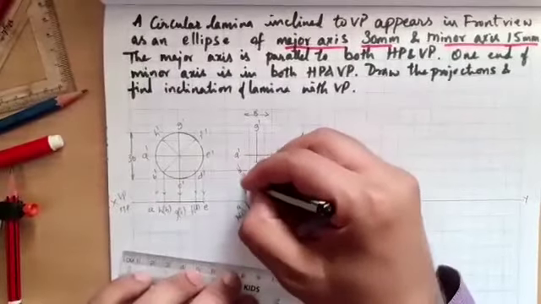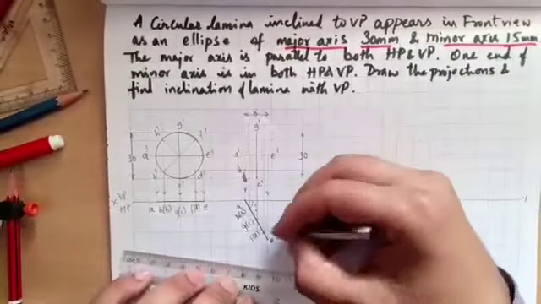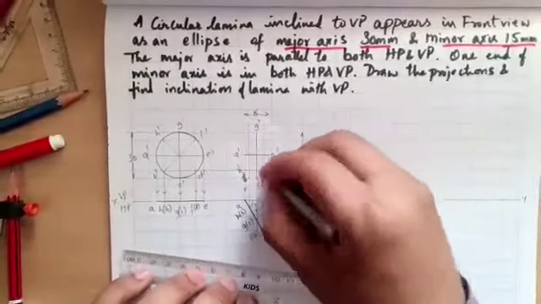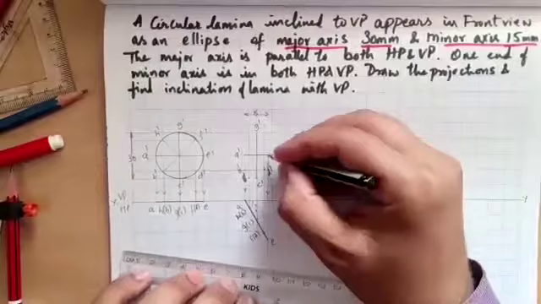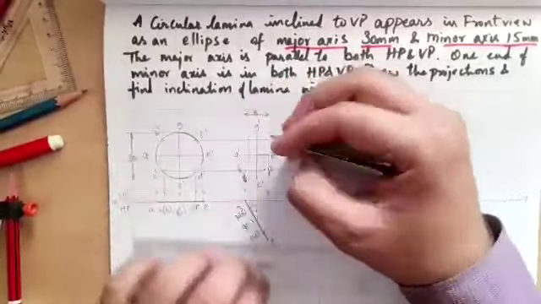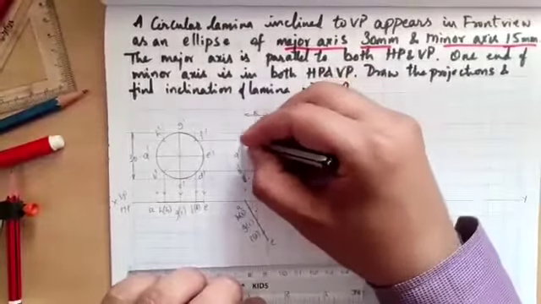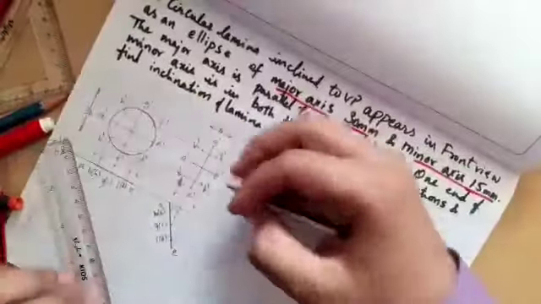This is B dash. Next, this is C dash. Next, this is D dash. E dash is obtained. F projector. So this is F dash, G and H dash. So first I'll complete this arc.